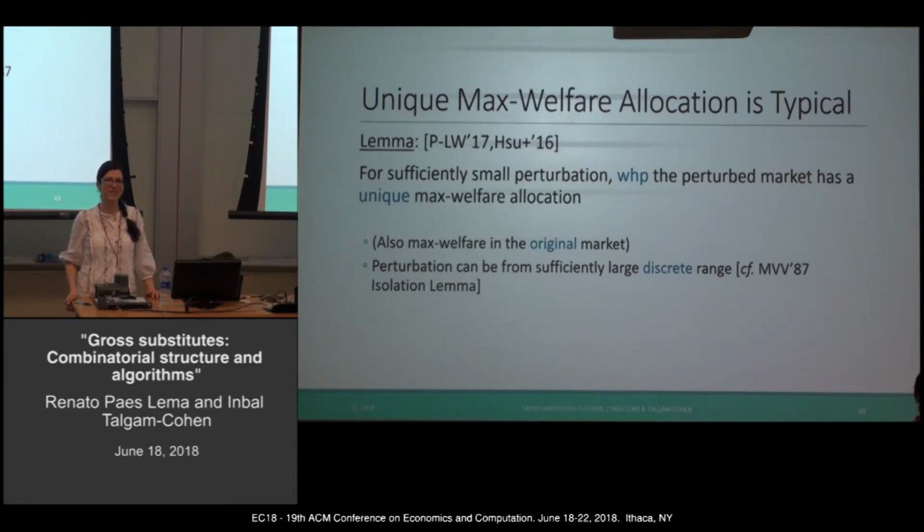You don't really need to add the noise; it's just for the sake of the proof. It's just proving that a generic market or a random market will have a unique welfare maximizing allocation.